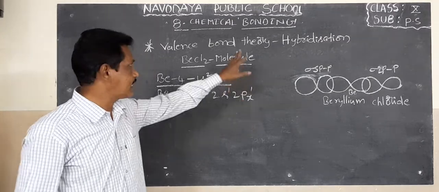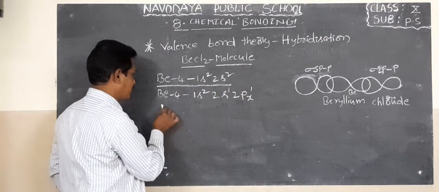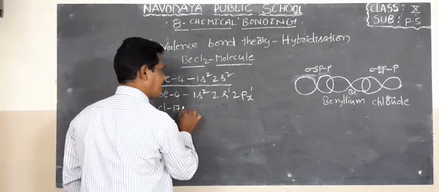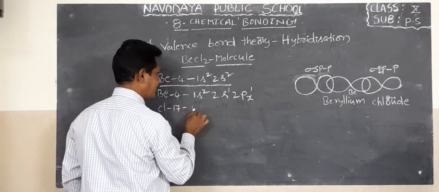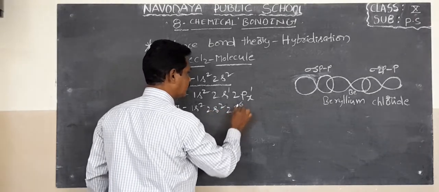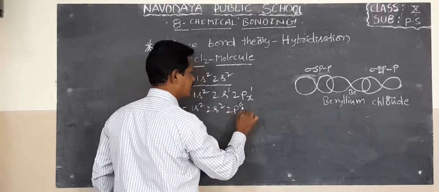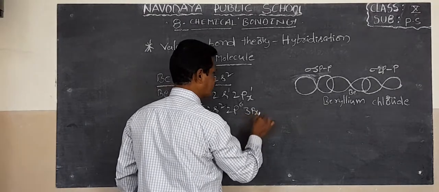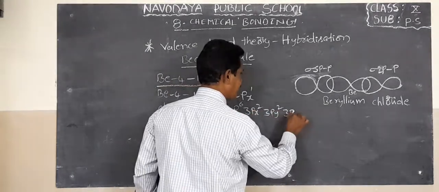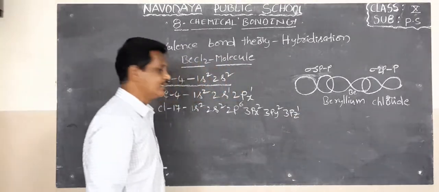Electronic configuration of chlorine. The atomic number of chlorine is 17. Its electronic configuration is 1s2, 2s2, 2p6, 3s2, 3px2, 3py2, 3pz1.